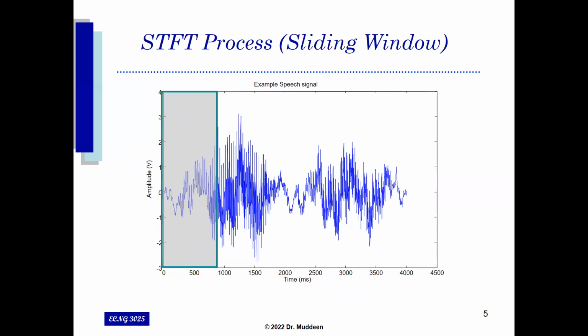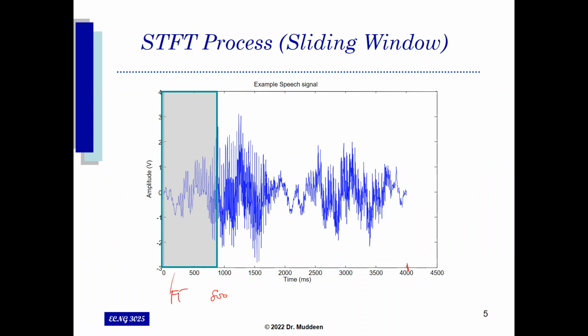The whole signal is going on for about 4,000 milliseconds in duration, a little over 4,000 milliseconds. So I take a chunk. This looks like about 800 milliseconds. So we take an 800 millisecond window of the signal, and for these 800 milliseconds, we do the FFT.